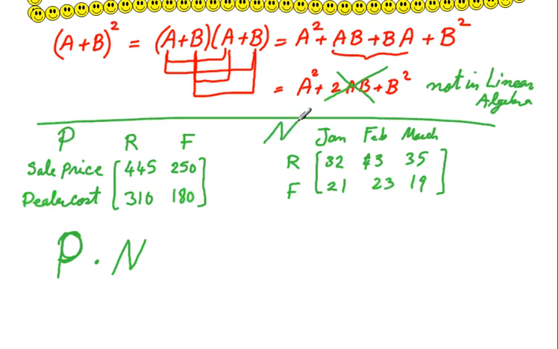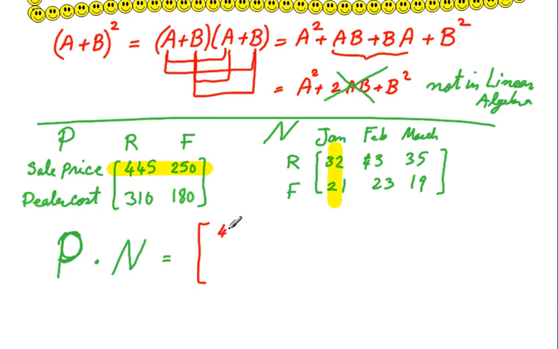Here's a matrix N. When we multiply these two according to what we have learned, what is it that we are calculating really? If I take this, multiply by that, what's the meaning of my activity? So this is how much I'm selling each refrigerator for, and this is how many refrigerators I sold.